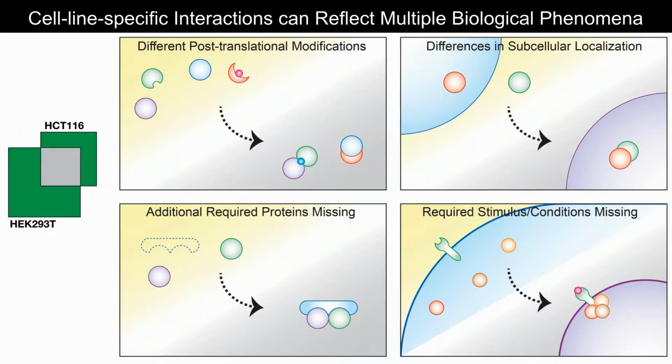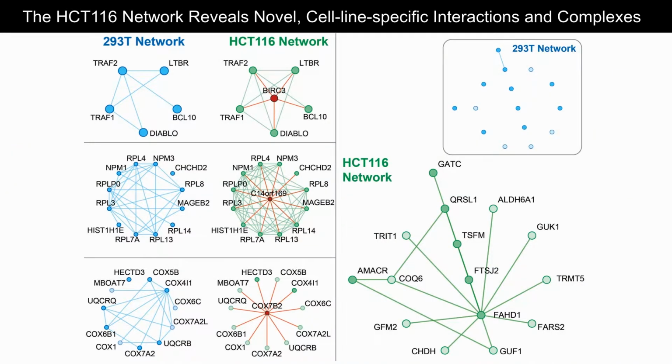And so at a first approximation, some of the unique interactions that are present in either the 293 cells or the HCT116 cells might represent something to do with the dynamic proteome or things that are different in different kinds of cells. And so just a couple of examples of the things that we're finding.